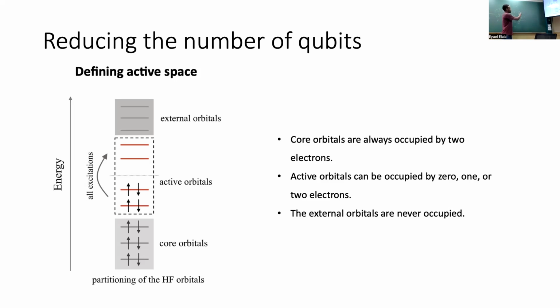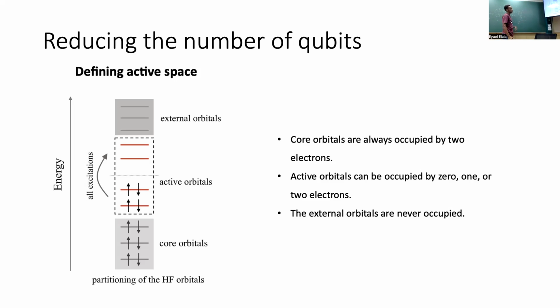So we have 7 spatial orbitals and 10 electrons, and each spatial orbital contains 2 electrons in that way. And here, when we define the active space, we can assume that the lower energy orbitals are always occupied by electrons, and higher energy orbitals to be empty always.